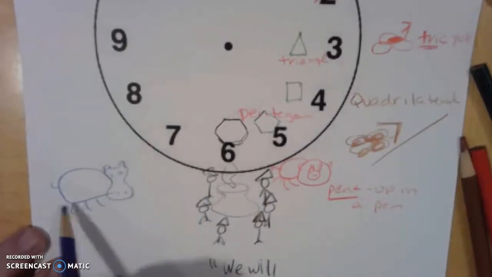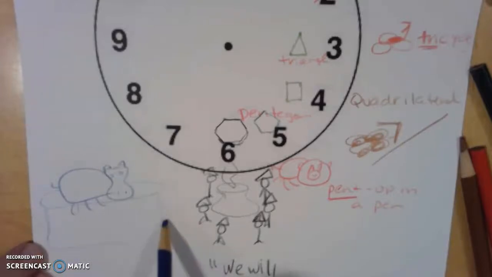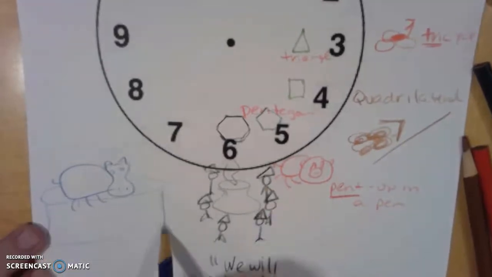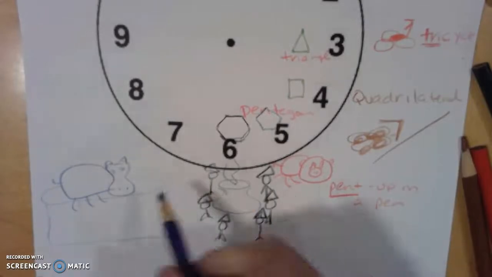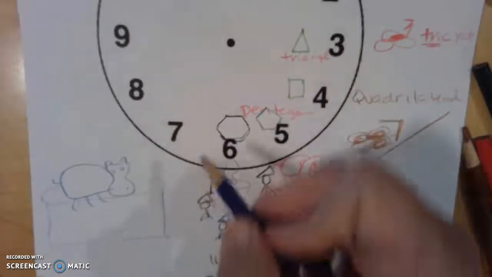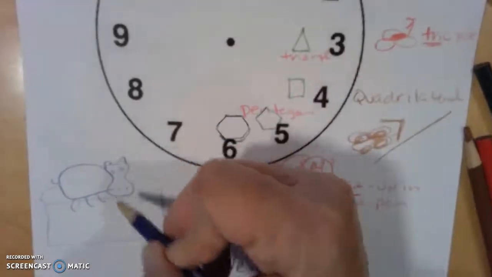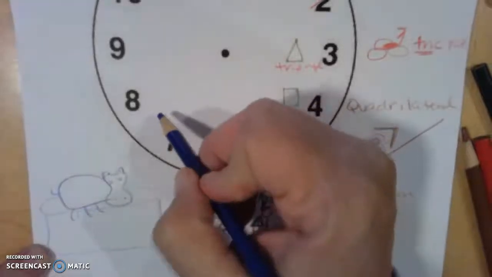A hippo, and he is stuck in a septic tank. A septic tank is for houses that live out past Alpine, out in the old country, where their toilet goes into the septic tank. So a hippo in a septic tank, because there's actually 2 words for a 7-sided figure.